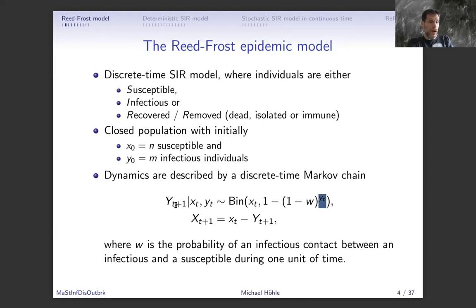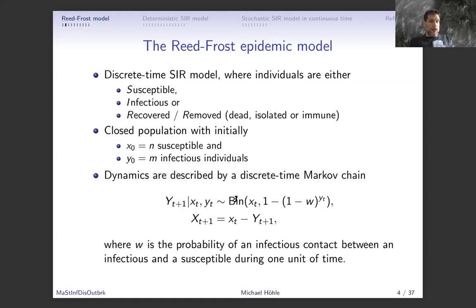Given that we know y t plus 1, we can also, and this is a simply deterministic quantity, deduce how many susceptibles are left in the next stage. That's simply the number of current susceptible individuals we have minus the number of individuals which became infectious in this time step. So this is simply bookkeeping. The only random quantity we need to worry about is y t plus 1.